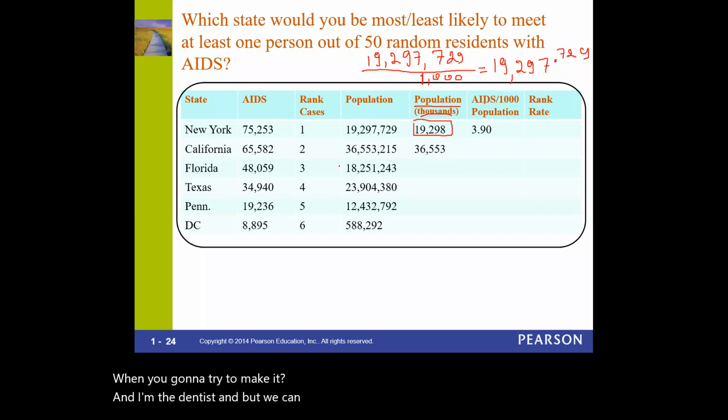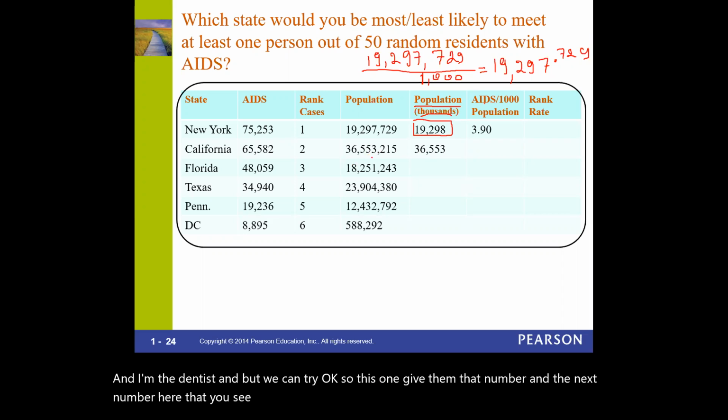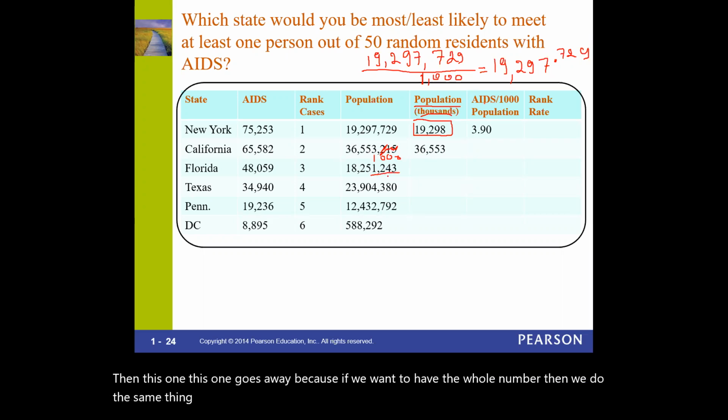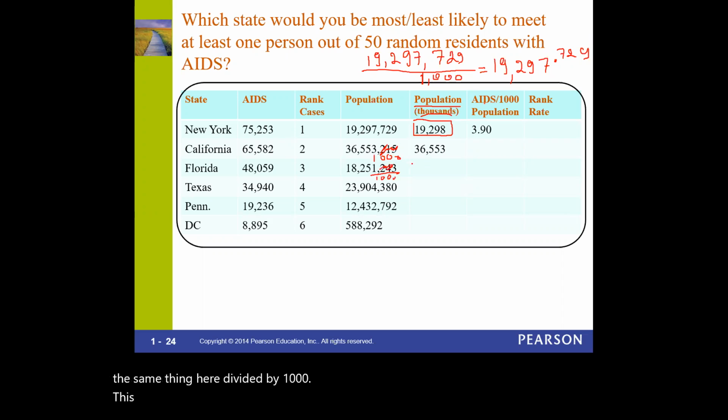So this one gives that number, and for the next number here you divide by 1,000. Then this decimal part goes away because we want the whole number. We do the same thing here, divided by 1,000. That's going to give you 18,251 per 1,000. This one will be 23,904.